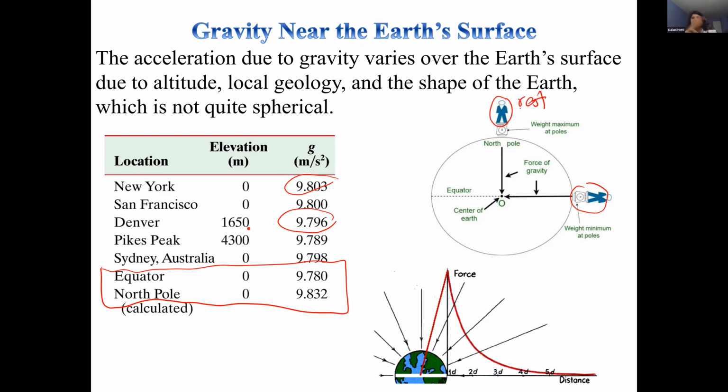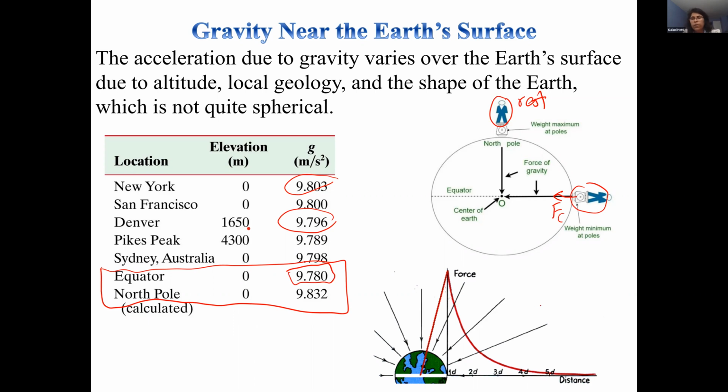Because of spinning, there is a centripetal force acting in this direction. Because of that, it will reduce the normal force on that object. So that will give you a little less weight than the other one. Because of that, g is smaller, right?